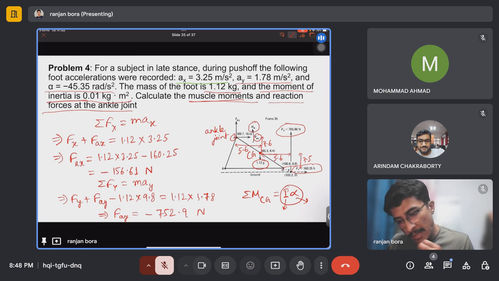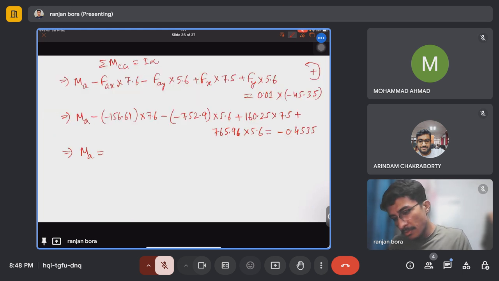Oh, one thing I forgot to mention. These coordinates are given in centimeter, so these distance data are in centimeter. So we need to divide by 100.